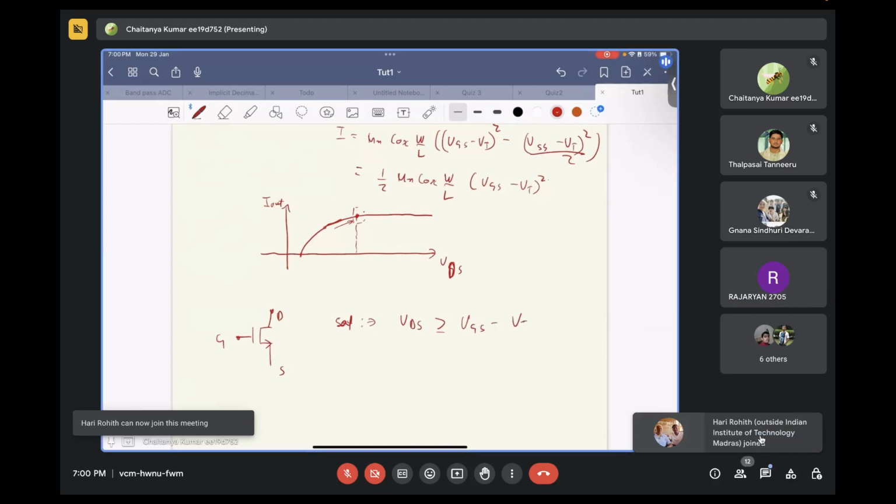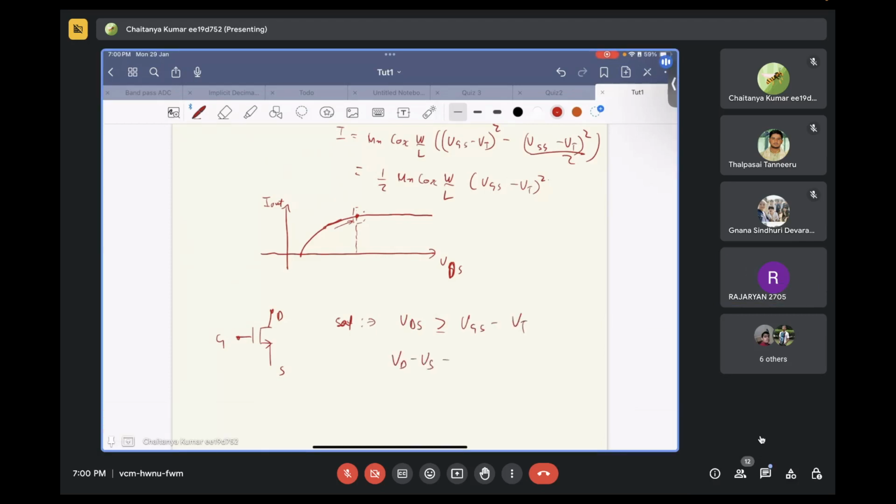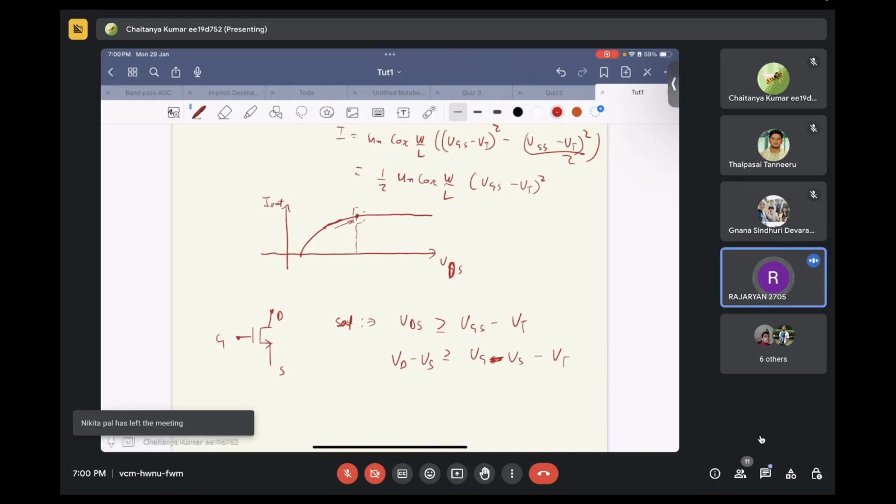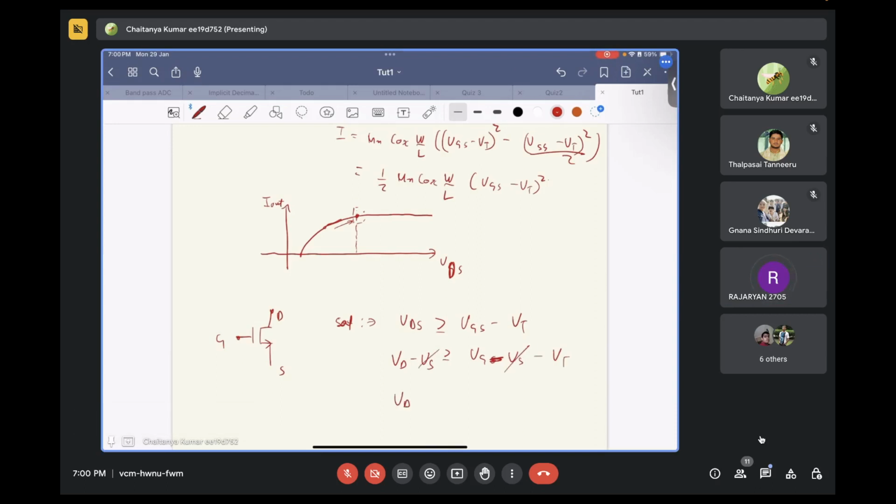Now, it's VD minus VS should be greater than or equal to VG minus VS minus VT. You can get rid of these VS terms. Okay. So VD must be greater than VG minus VT.